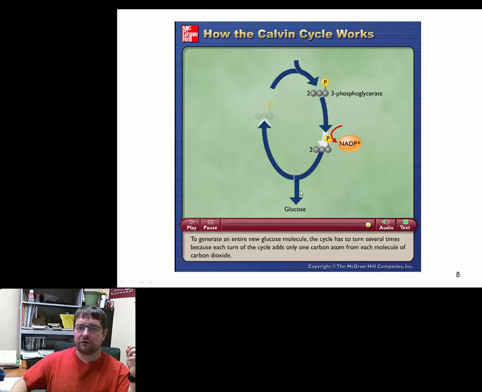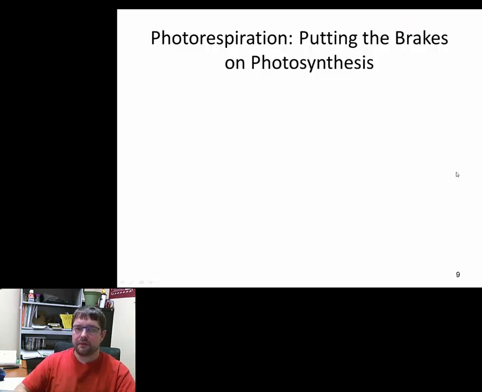How much further development does that sugar molecule need? Are you then taking these sugar molecules and making starches or sucrose? Then more energy is going to be utilized in order to make those more complex molecules at a later date. Okay? All right, now that's the Calvin cycle.